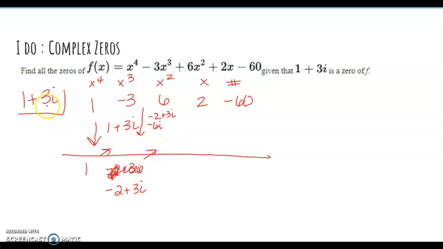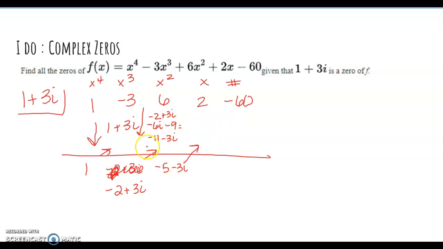And 3i times 3i would give you 9i squared, which turns into negative 9. So simplifying this, we've got negative 11 minus 3i added to 6. So we've got negative 5 minus 3i.